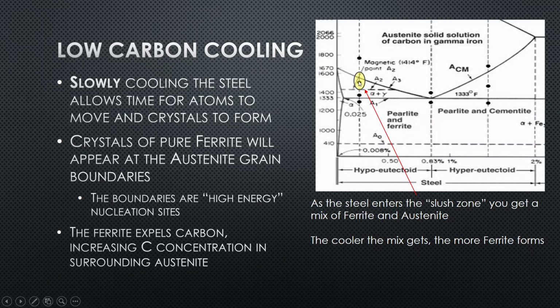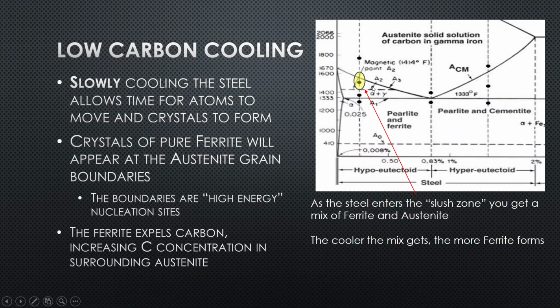But what you can think of is when the ferrite starts to form, it forms a very pure community, and it doesn't like to have the carbon in it. So as those ferrite crystals start to get bigger and bigger and bigger, they start excluding more and more of the carbon, increasing the concentration in the surrounding environment.